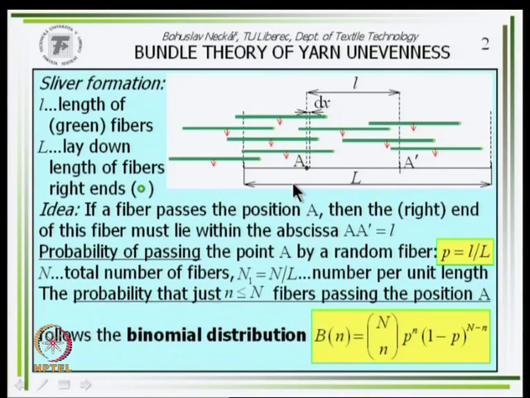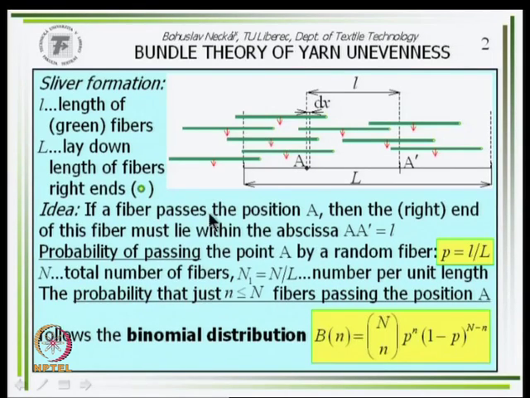The situation is shown on our picture here. Small l is the length of each green fiber. Capital L, from here to here, this straight line, is the laid down length of fibers. The right end of each fiber is shown by a yellow point. Our idea, or Martindale's idea, is the following.